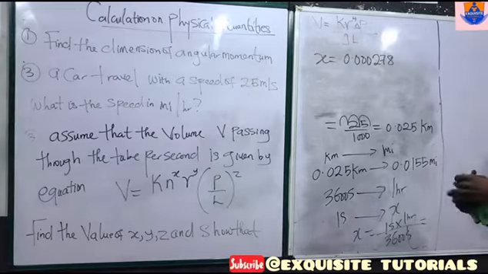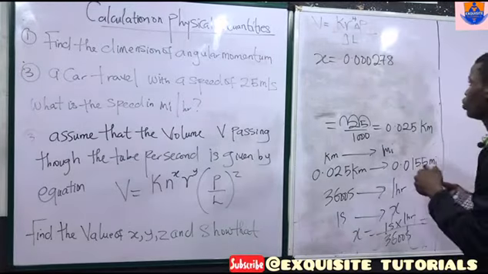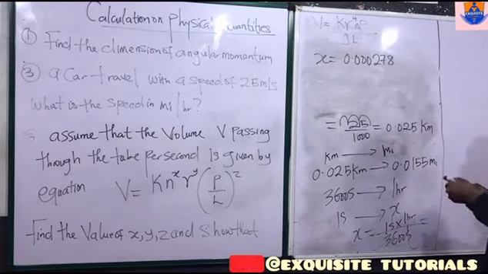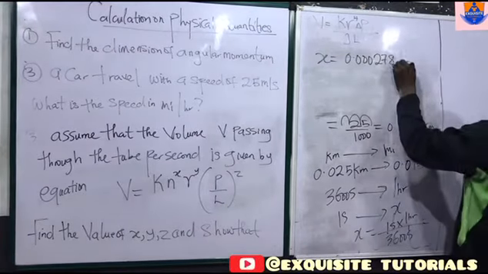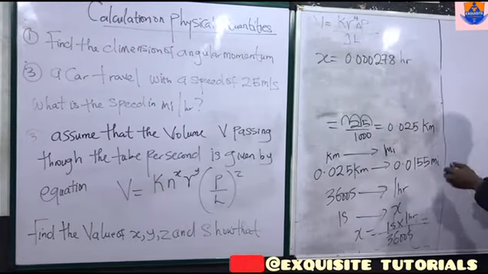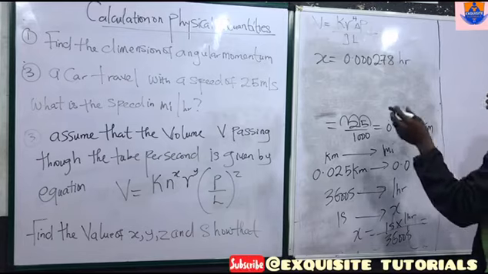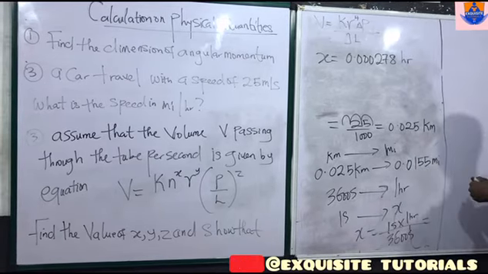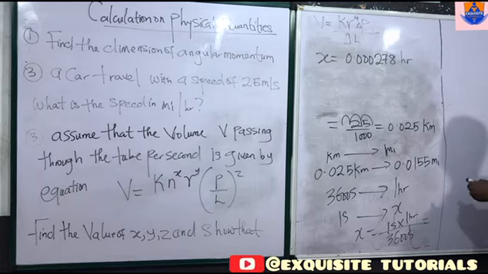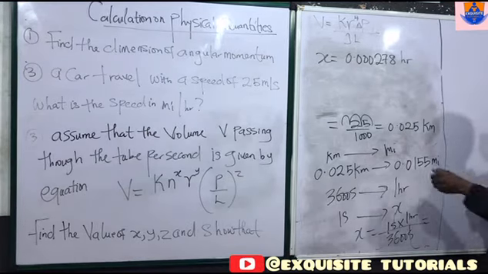The question said we should find the speed, so we have it in hour rather. We have converted these seconds to hour, and we have gotten our value for our 25 meter to a value in mile, which is 0.0155.